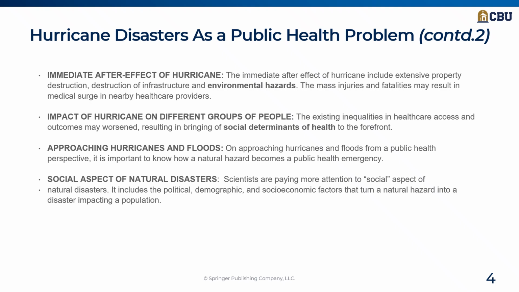So, immediately after a hurricane, the public health impacts typically accelerate fast. The widespread property damage, infrastructure failure, and environmental hazards all combine to create conditions for mass injuries and fatalities.